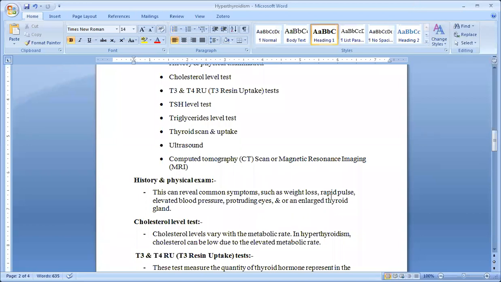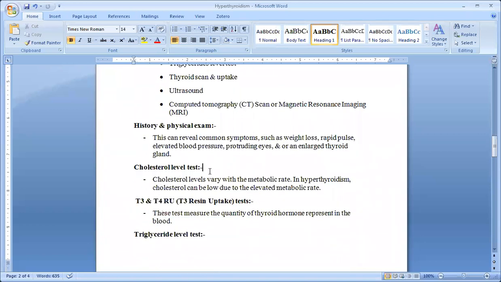Okay: weight loss, rapid pulse rate, increased BP, protruding or bulging eyes, or an enlarged thyroid gland. We can see this directly with the naked eye in the front of the neck region.